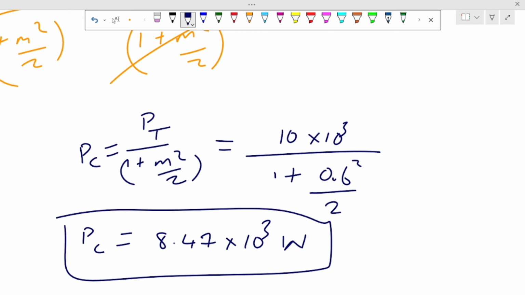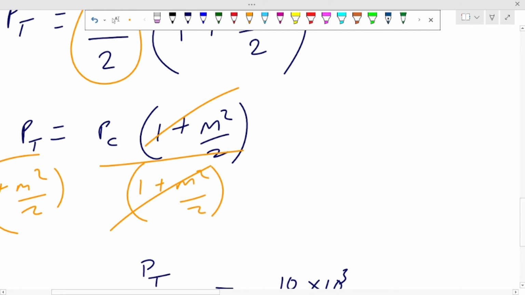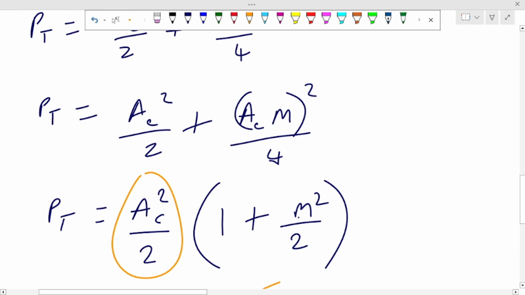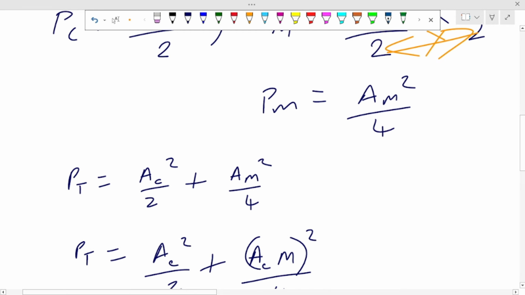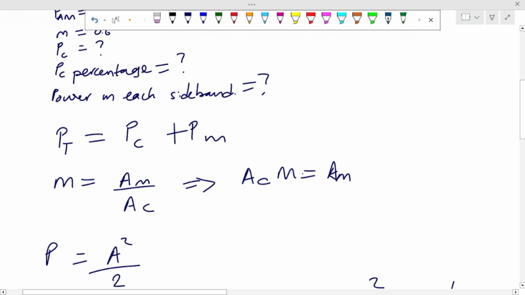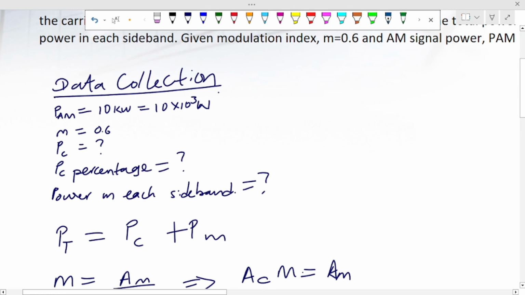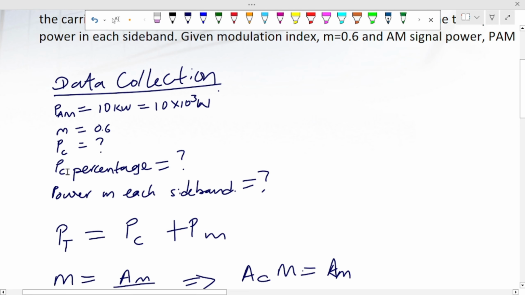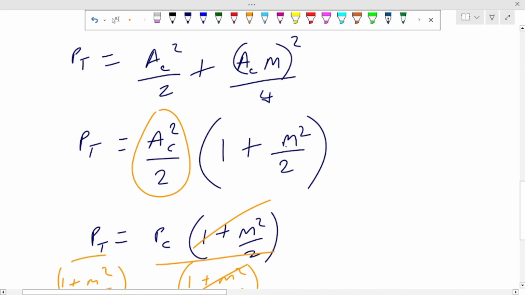So this is the answer for the power of the carrier signal. And the next question is the percentage of the power of the carrier signal, and that's very straightforward.